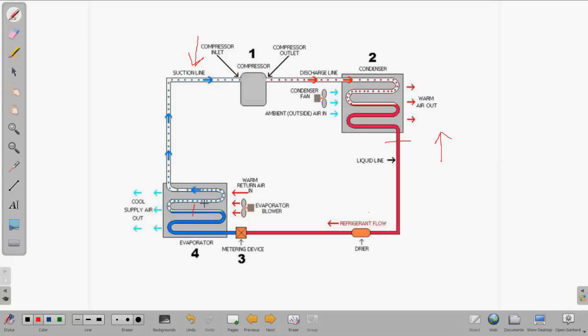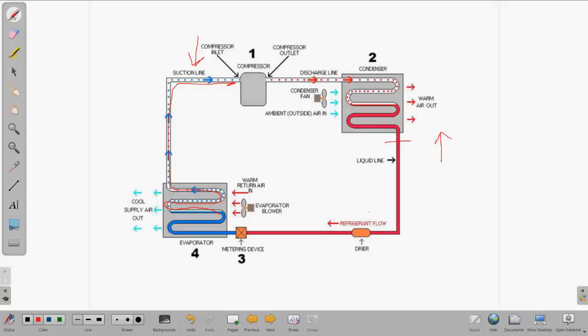it just travels through the coil, picking up whatever heat it can, but not enough to change the state of the refrigerant, and travels back to the inlet of the compressor with little to no superheat, just like our overcharged system.